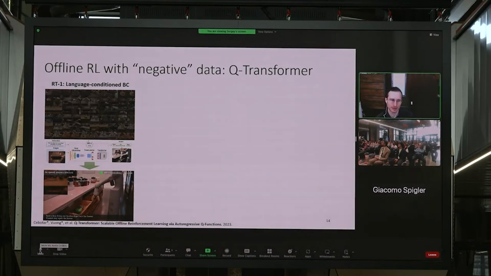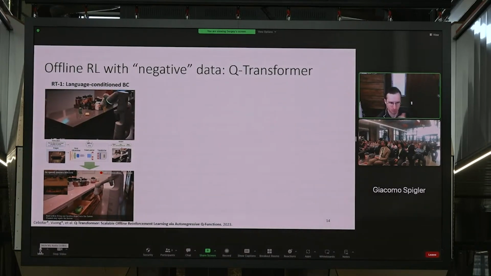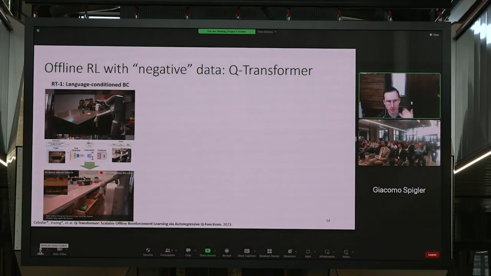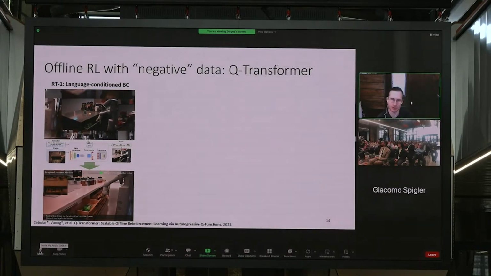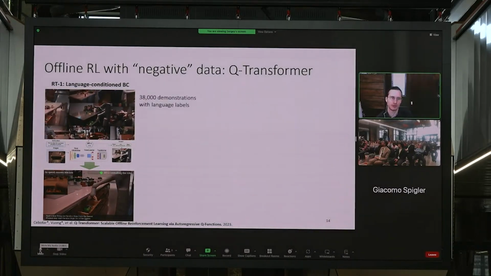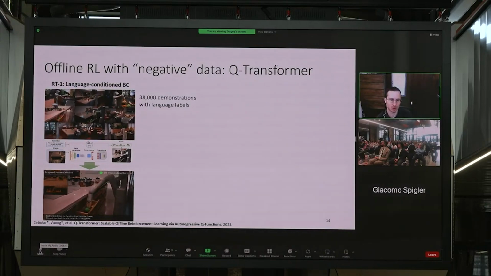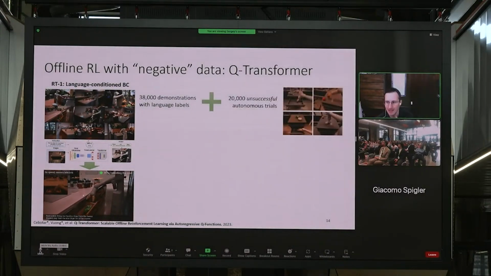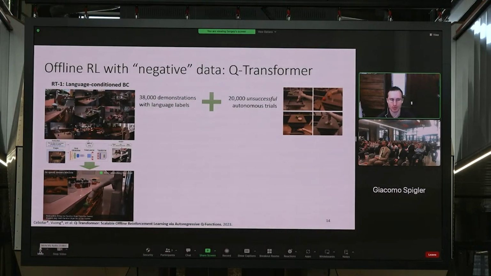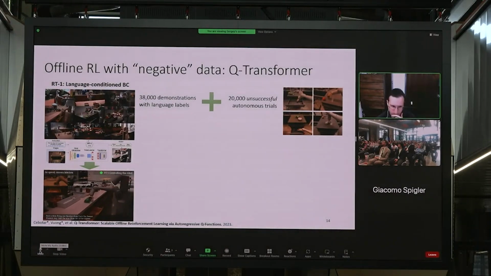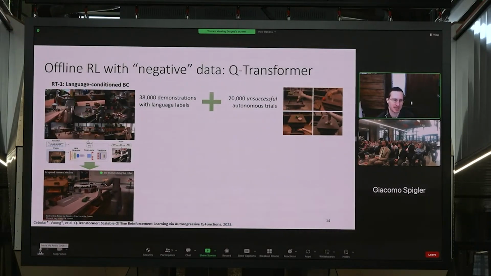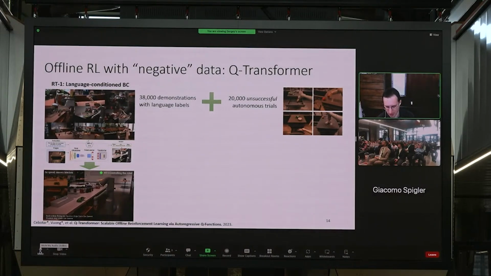But it required high quality demonstration data. At Google, we could collect this data, and it was okay, but the data was expensive, and we needed a lot of manual effort to collect and curate it. So we thought, what if we take these 38,000 demonstrations with language labels and add in unsuccessful attempts from the robot itself trying to perform these tasks? In reality, when the robot attempts these tasks, sometimes it succeeds and sometimes it fails.